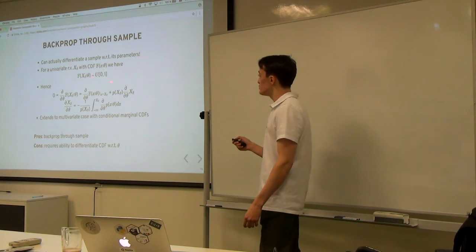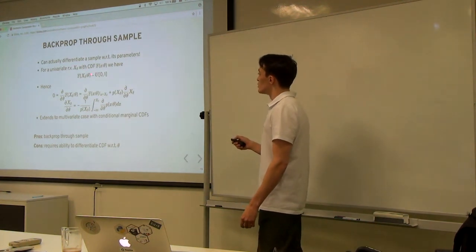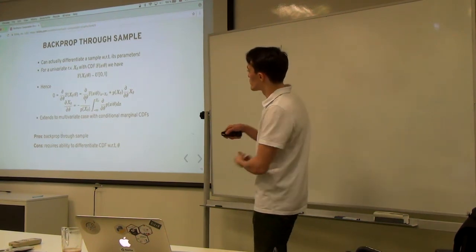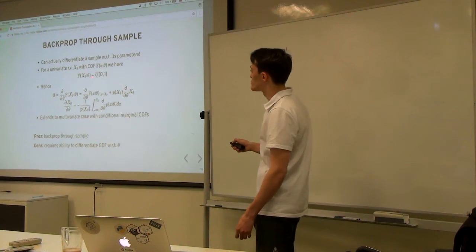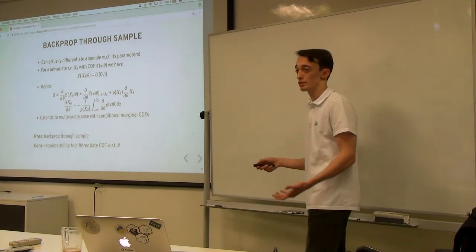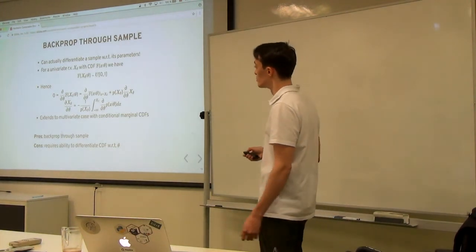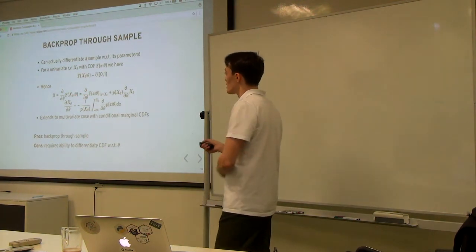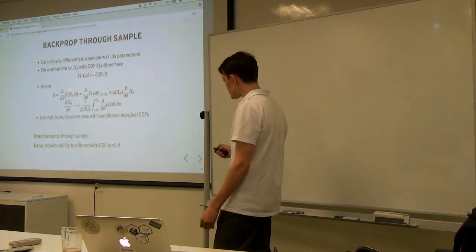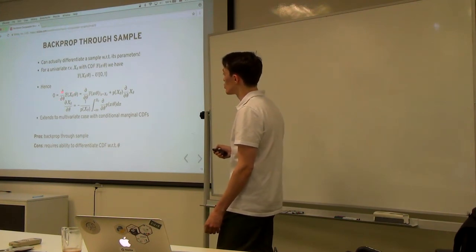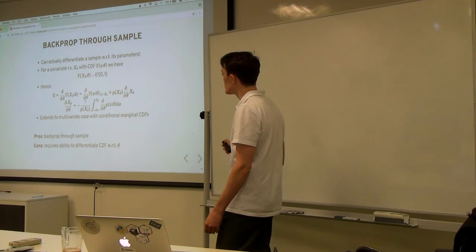So if we differentiate this, essentially what it says is that the gradient of this thing with respect to theta equals 0, because the right side, the uniform sample, does not depend on theta at all. Then, by using some rules of calculus, we write the gradient of a composite function as a sum of two terms.